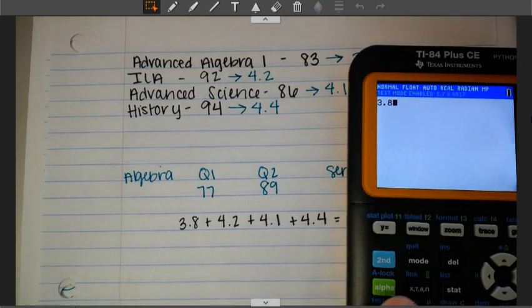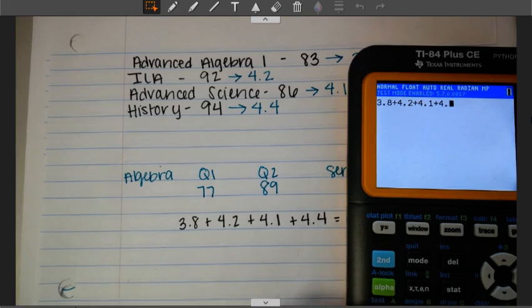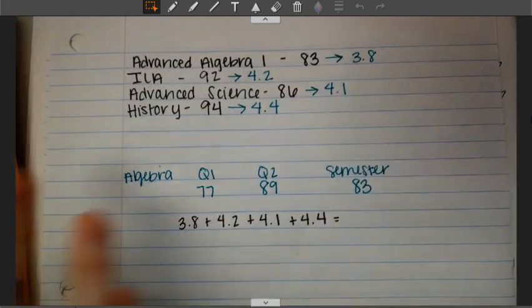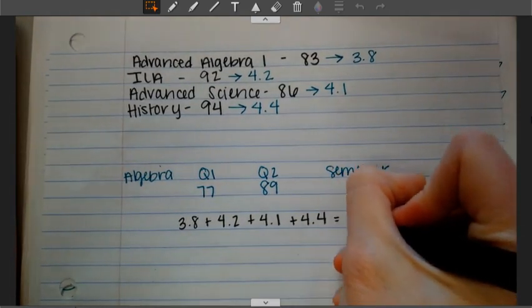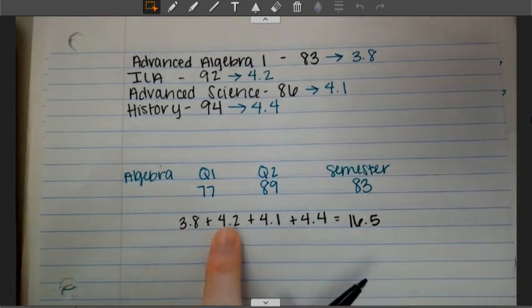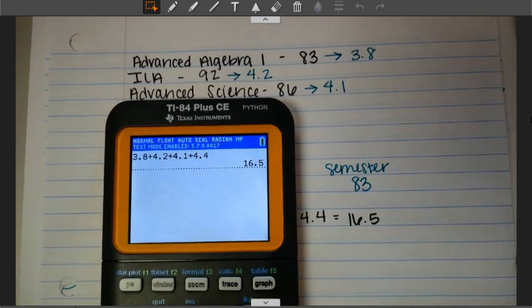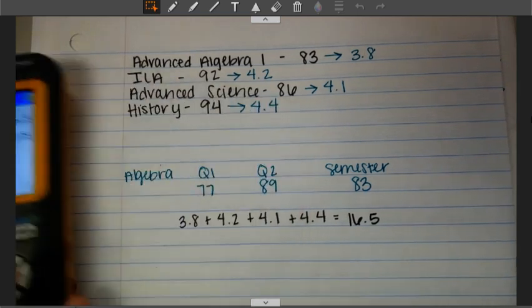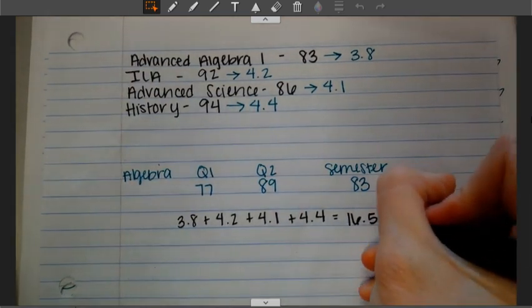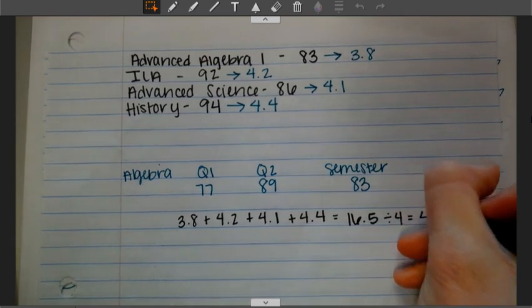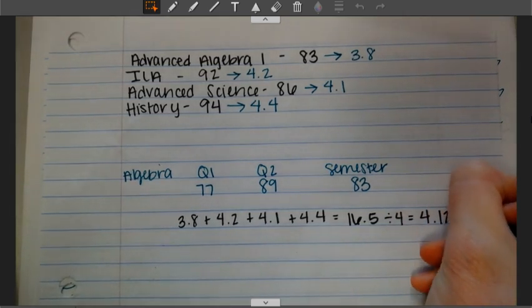That gets me 16.5. I added 1, 2, 3, 4 grades. So I'm going to do 16.5 divided by 4. And my GPA is a 4.125.